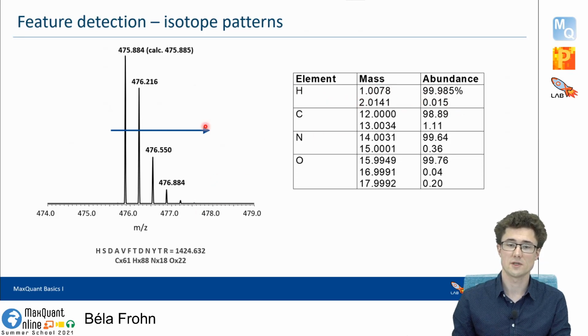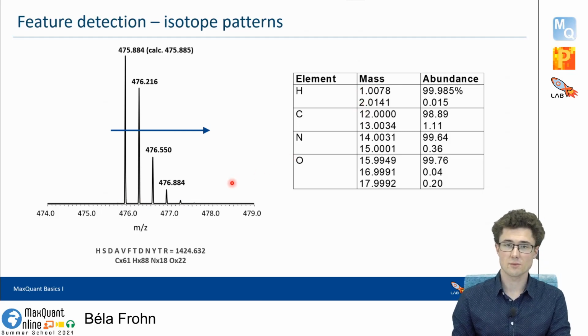And we observe this here in these isotope patterns. So for the same peptide, we get multiple peaks, and they will be roughly separated by the same distance. And this distance represents one change in mass, so one more here.